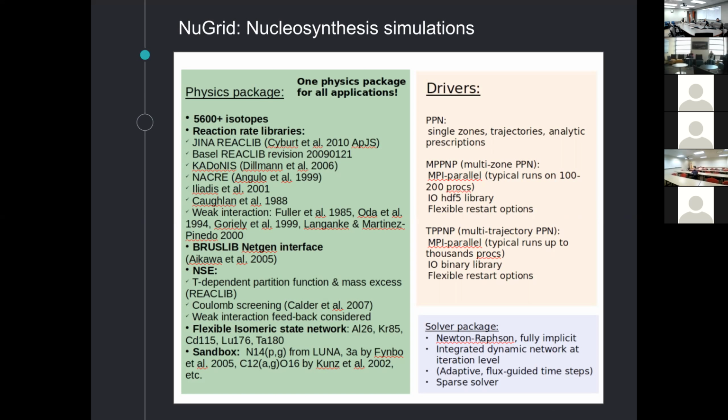and this is for things like AGB stars, where it's important that material is mixed properly between different zones for you to get the correct burning there. And TPPNP, which is the newest one, is the one that I've been working with, and it's been developed by Sam Jones. It is a parallelized single zone framework whereby we can take the very large numbers of particles that we need to follow the nucleosynthesis in a type 1a supernova.